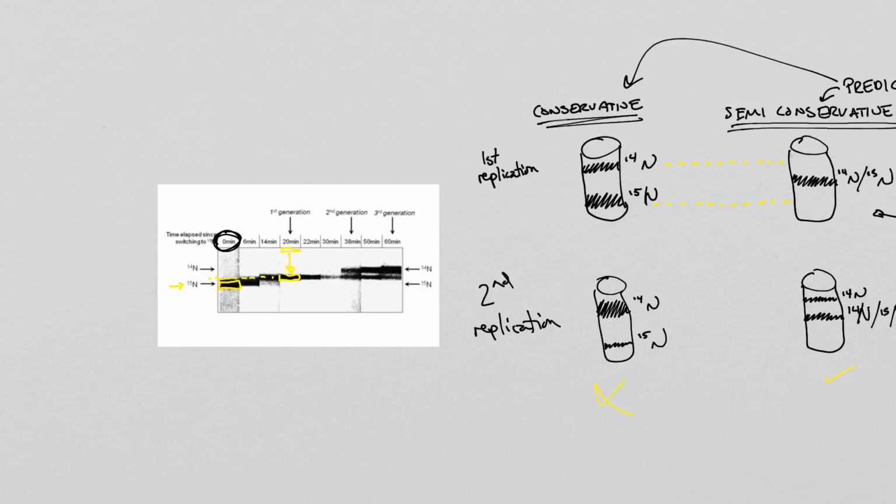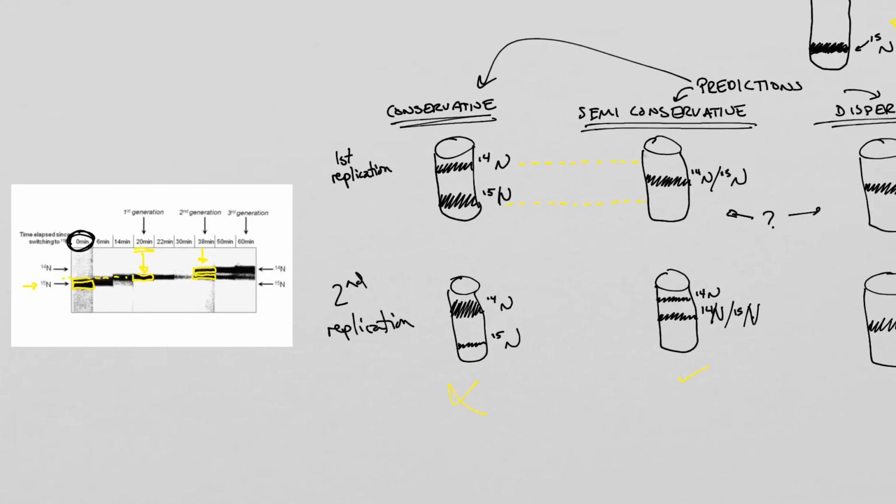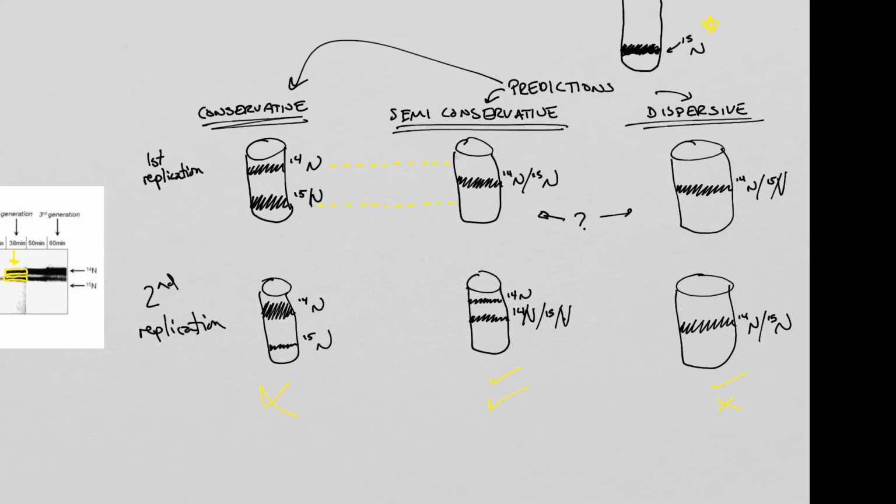So at 38 minutes, they pulled out another sample, and look at this right here. You can see a line at the nitrogen-14-15 level and the nitrogen-14 level, which means that it totally matches our semi-conservative prediction.